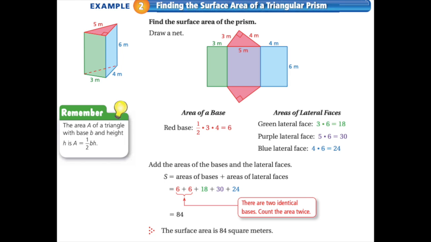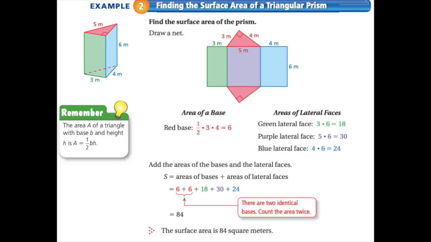Now notice, when you look at how they put this together, at the bottom, they put 6 plus 6. Why did they do that? They did that because you have a top and a bottom base, right? So it's 6 plus 6. Now if you look, they did color code it for you, and you can see where you have the green lateral face, which was 3 by 6, which is 18. You have the purple, which you can't see. That's where this one gets really tricky.